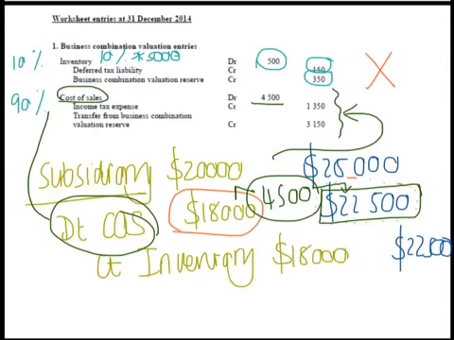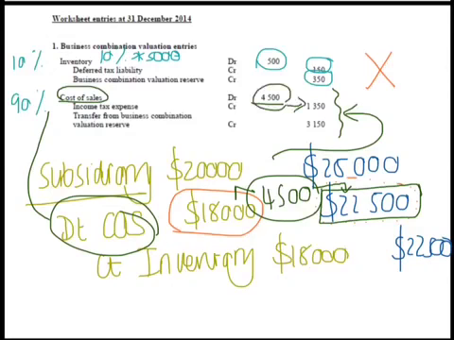We also reverse the deferred tax liability because of the inventory that has realized or has been sold and derecognized. So we reverse the deferred tax component of that asset. So that's 30% of the $4,500.